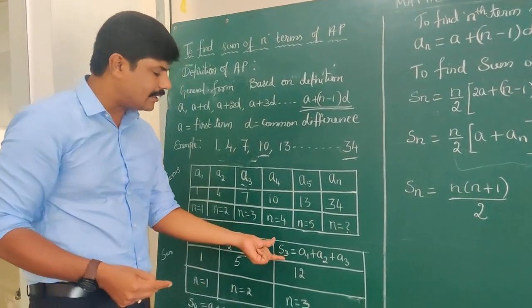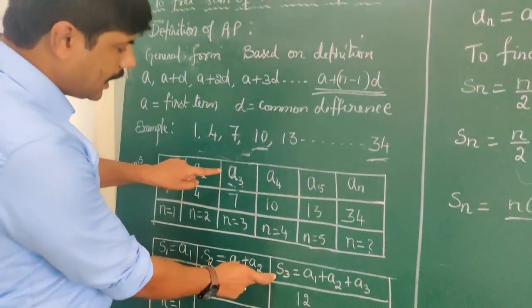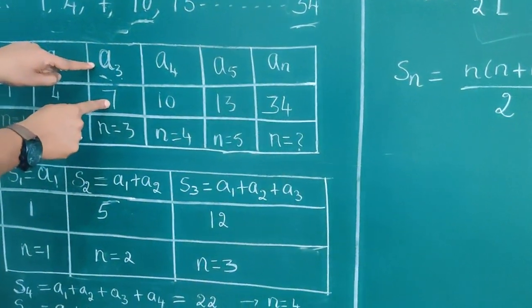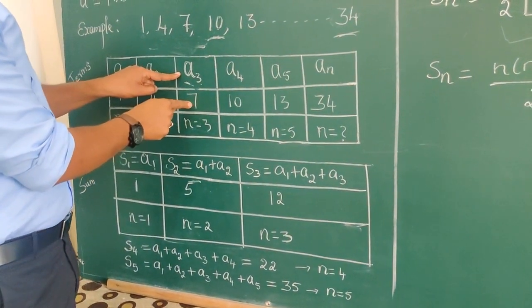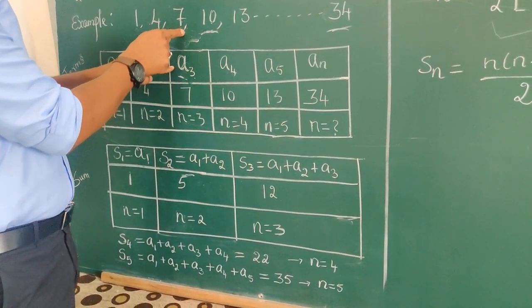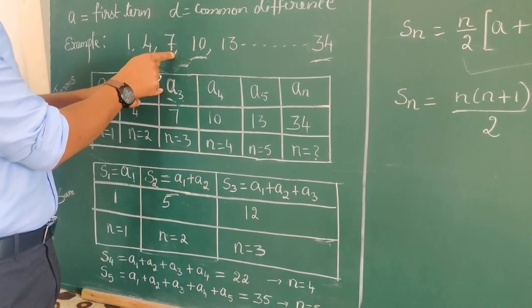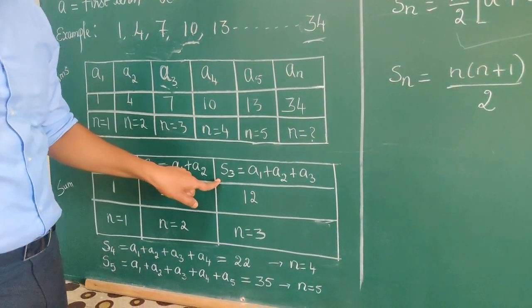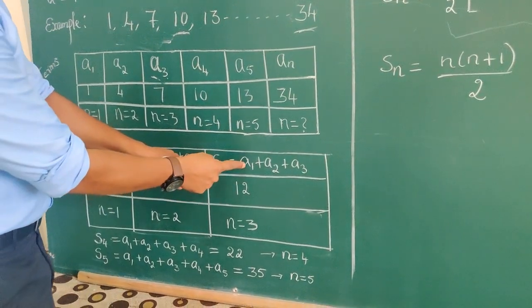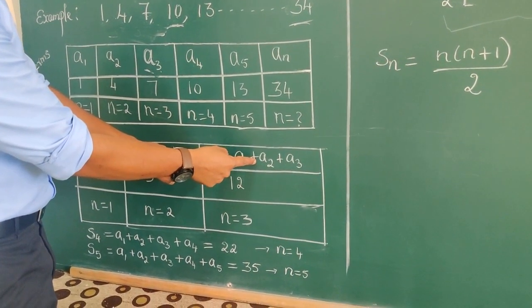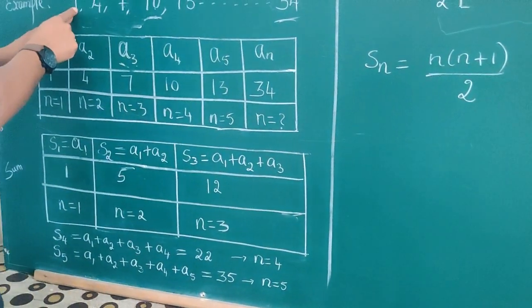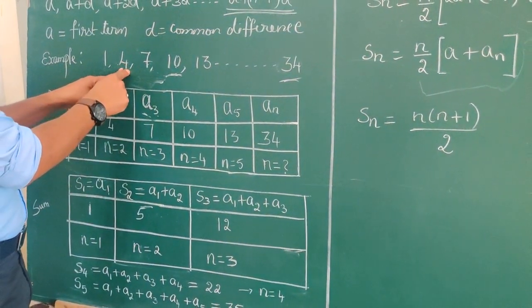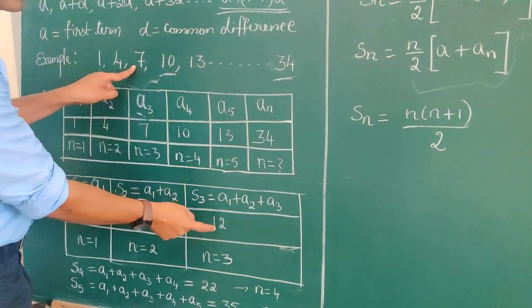Now observe S3 and A3 in the same way. A3 is 7, which means the third term is 7. What is S3? Add three terms: A1 plus A2 plus A3. 1 plus 4 is 5, 5 plus 7 is 12.